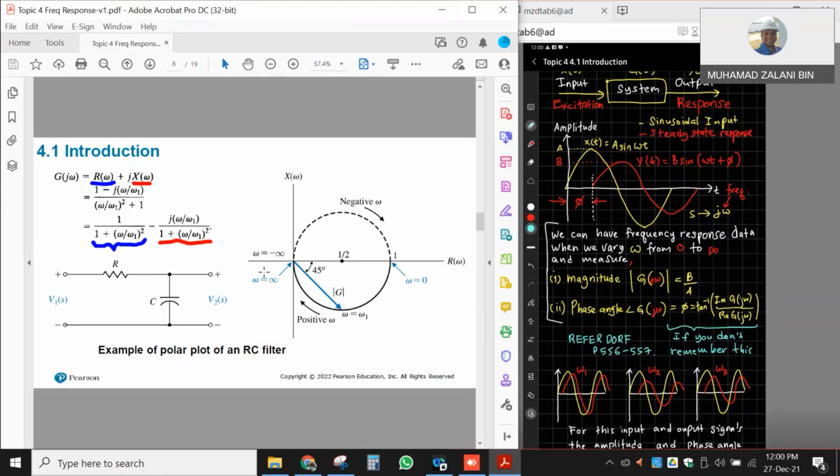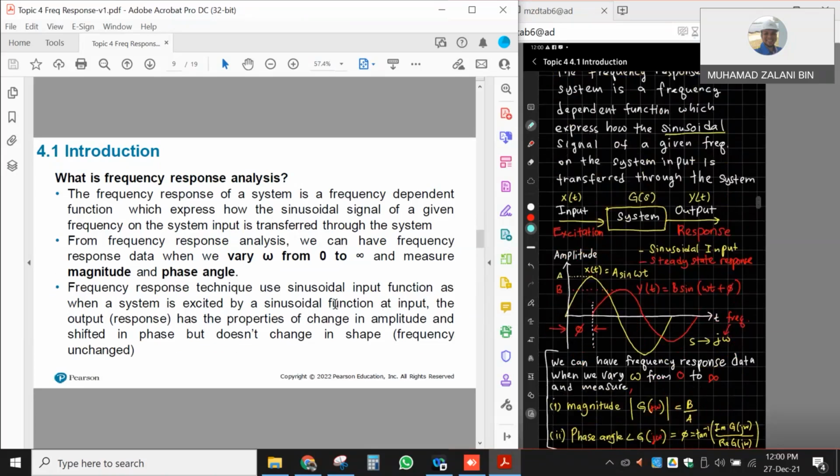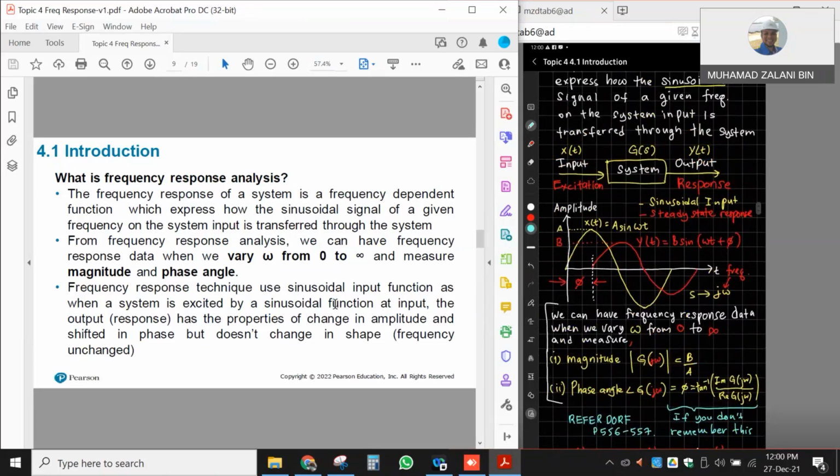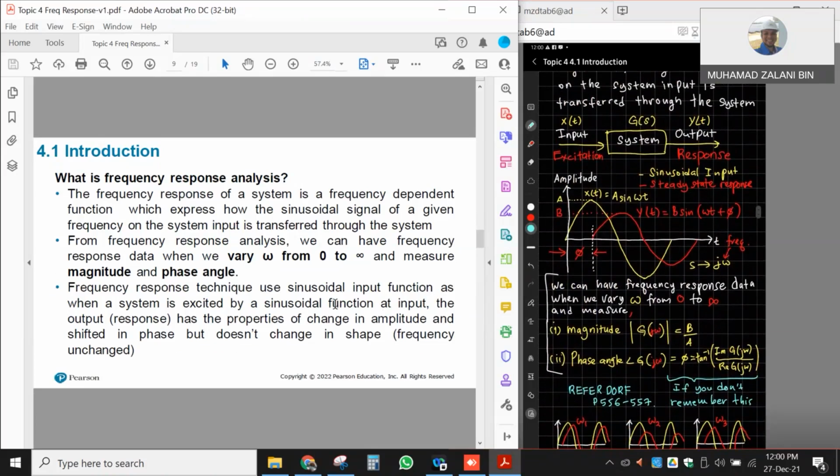How do we represent the frequency response of a system? In this topic, I am not going to cover the whole thing, including the polar plot, because the scope of this course is only focused on the bode plot.